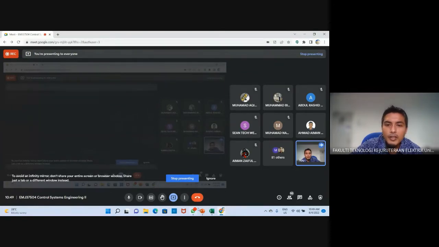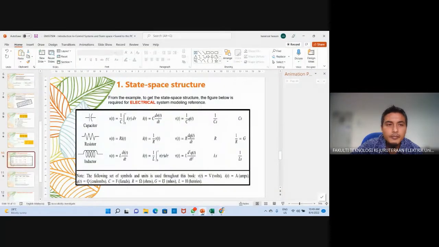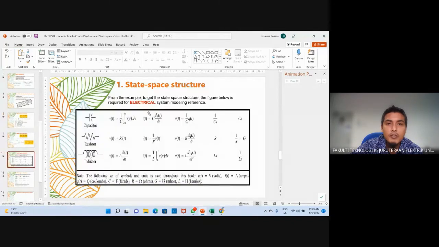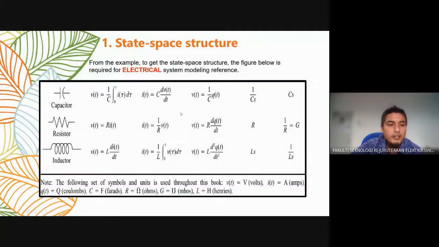Okay, the question again is, this is the x dot here. This is a state space structure. So based on this table, what is the x dot you can find from these two columns?